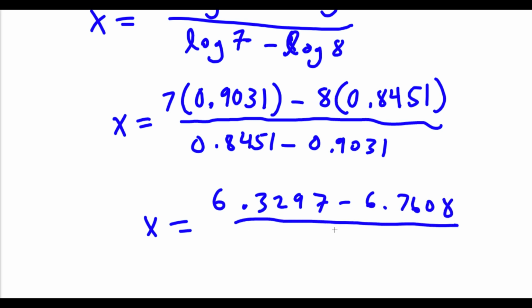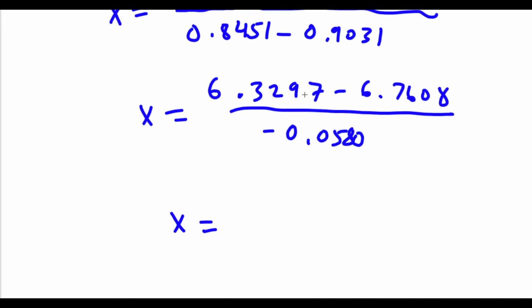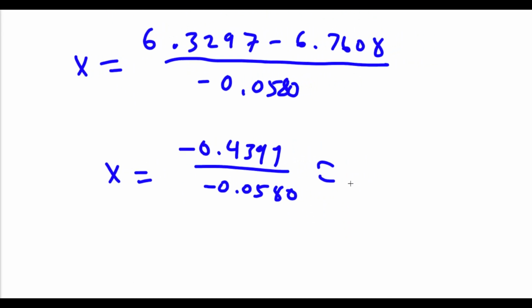Now I'm dividing this by negative 0.0580. And if I subtract these two, I get negative 0.4399 over negative 0.0580. So then this would equal 7.5707.